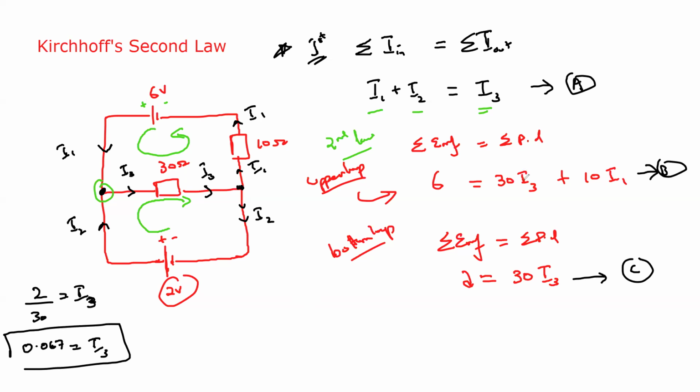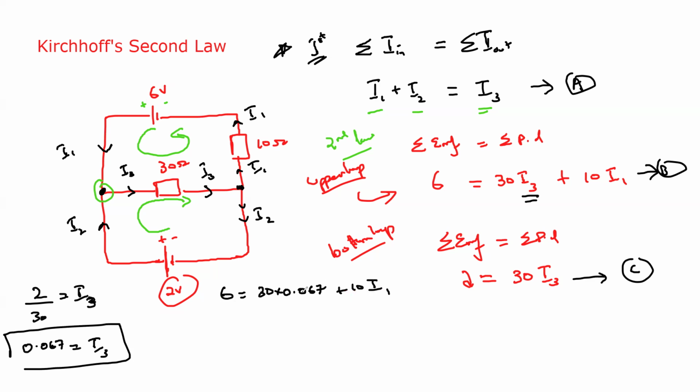Now, if I substitute the value of I3 in the second equation, 6 is equal to 30 into 0.067 plus 10 I1.